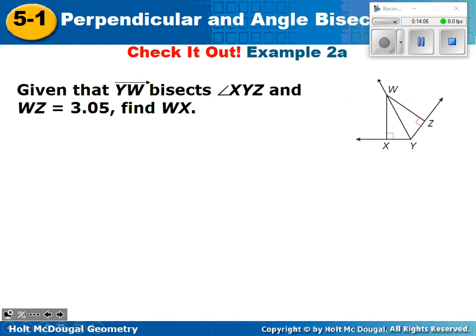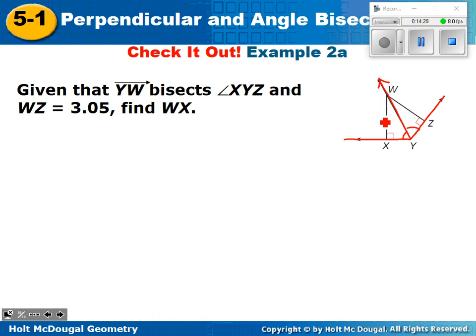So next problem. Again, should be easy. Just be careful with your picture. Given that YW bisects angle XYZ. So YW bisects angle XYZ. That means that we should be able to mark this angle congruent to this angle, right? Okay.